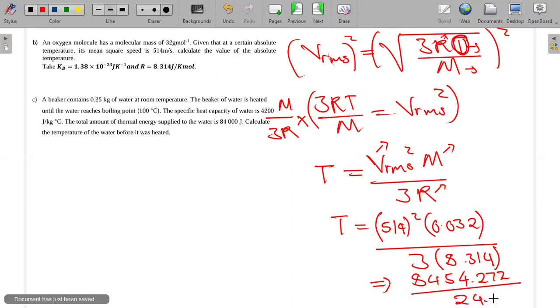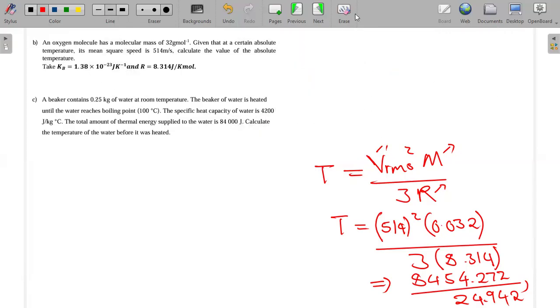This is giving me 24.942. All right, like this. If I divide this, I'm getting an absolute temperature, my T, you can just write it at the top. My absolute temperature T will be equal to 338.96 Kelvin. All right, so we've been given everything here.